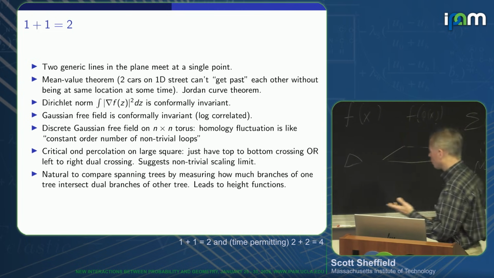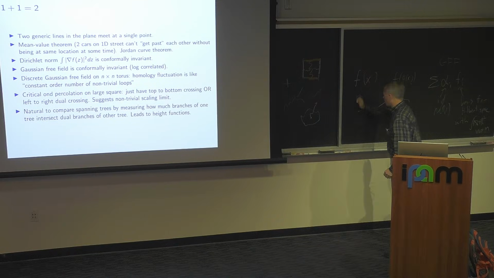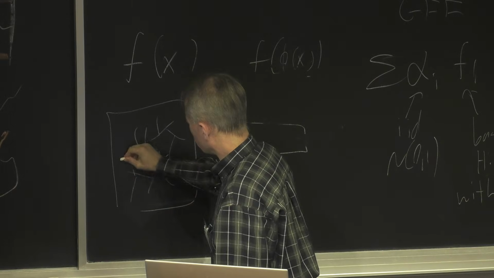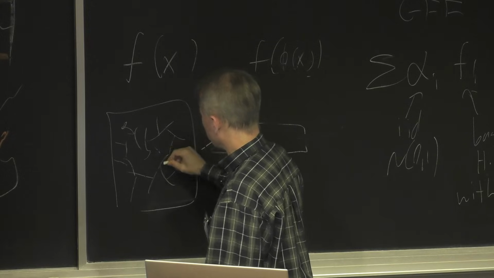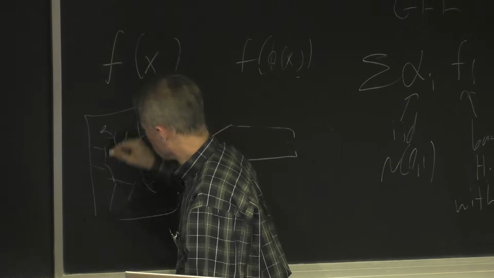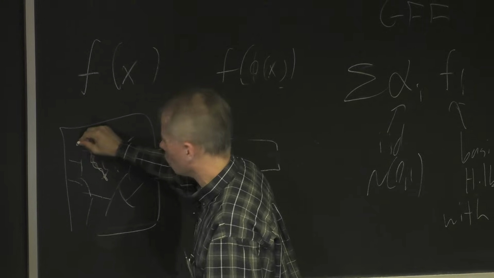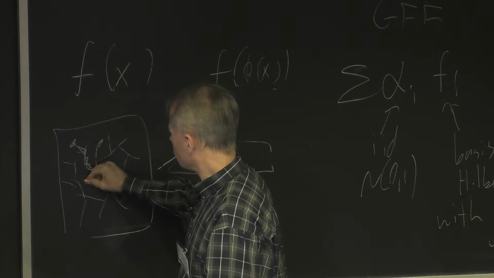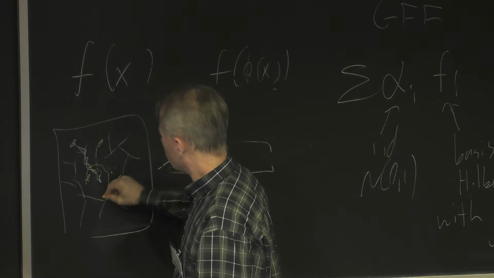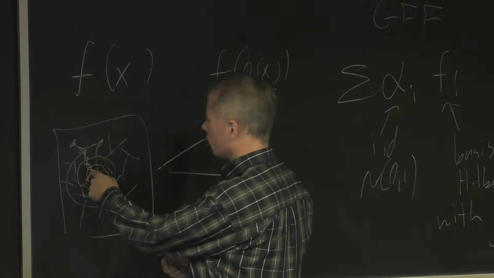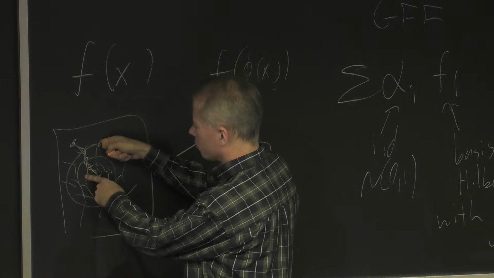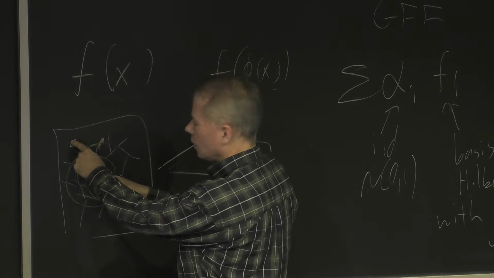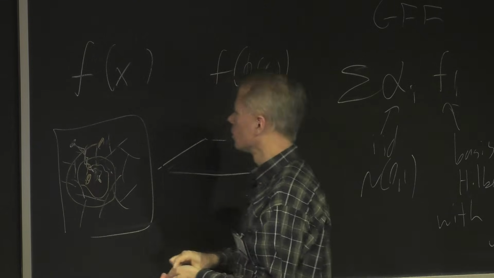Also I want to mention that if you think about spanning trees, if I give you a uniform spanning tree, some random spanning tree of this box, then if I give you any 2 points, I can ask, what's the path that connects them? There will be one path that connects them. And if I give you a second tree and a second pair of points, I can ask, how many times does the path between these 2 points and these 2 points intersect?